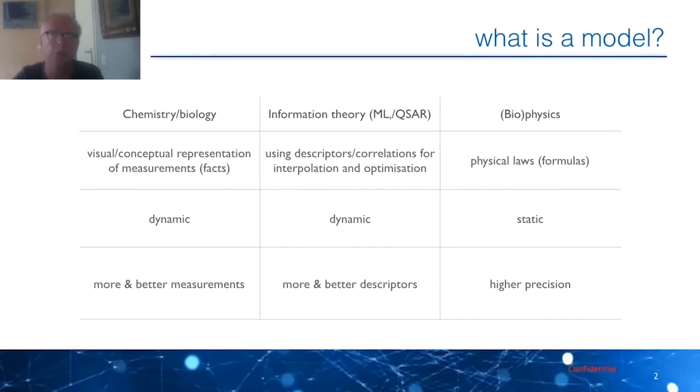This is usually very dynamic, so it changes if you have more or better measurements, which gives you more insight into the phenomena you're looking at. In information theory, like machine learning and QSAR, modeling is using descriptors or correlations for interpolation and optimization. And it's also usually a dynamic process.